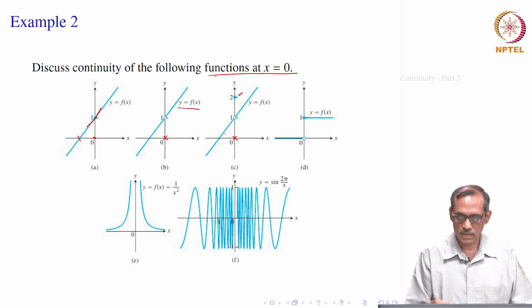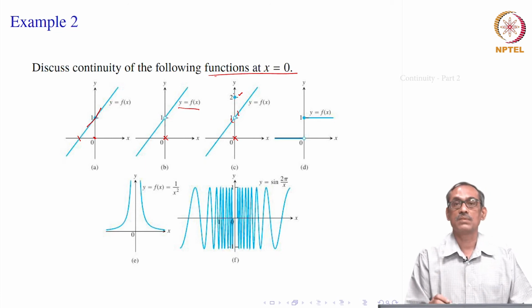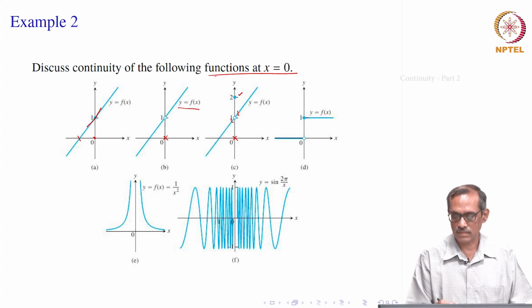Left side limit of the function as x goes to 0 is 1, and the right side limit is also 1. So, the limit of f(x) as x goes to 0 is equal to 1, but it is not equal to the functional value, which is given as 2. So, it is not continuous at 0.